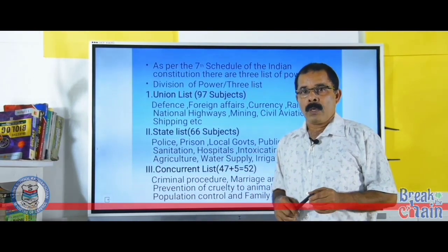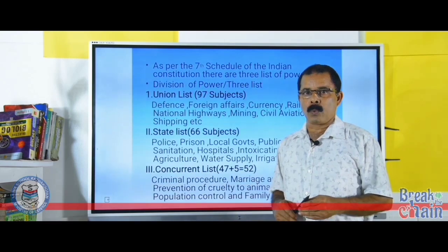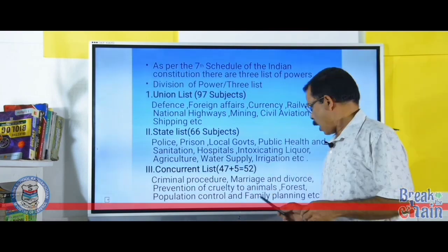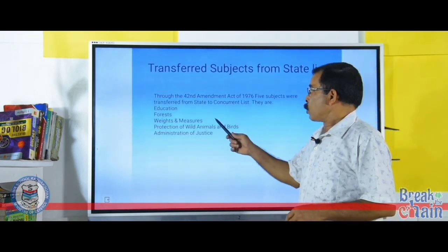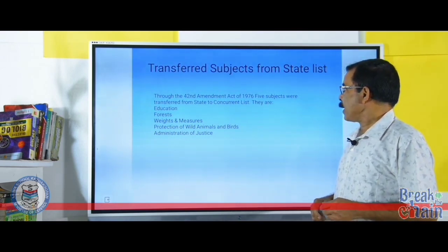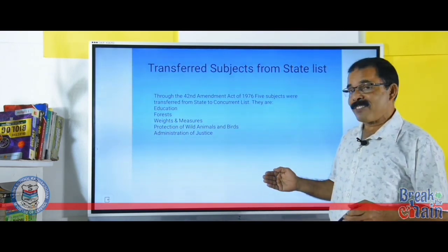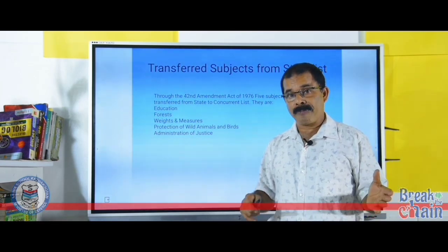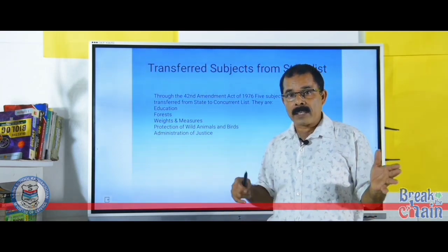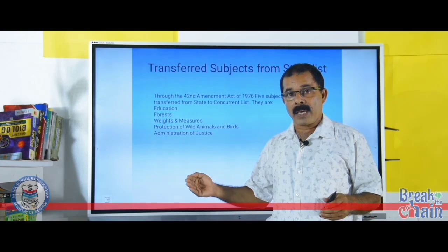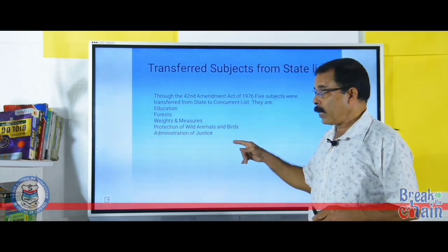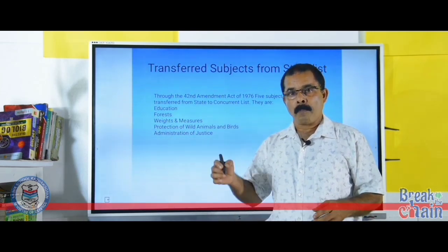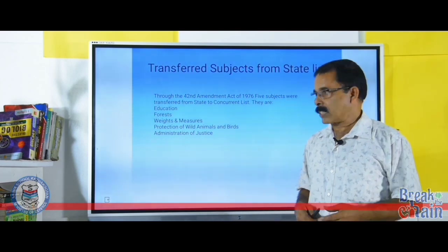Now I will show you some of the subjects which were brought into the concurrent list in 1976 by the 42nd amendment of the constitution. 5 subjects were transferred to the concurrent list from the state list, which means before 76 these were under the control of the state government, but then in 76 they were transferred to the concurrent list, whereby the central government would be able to monitor and control them.